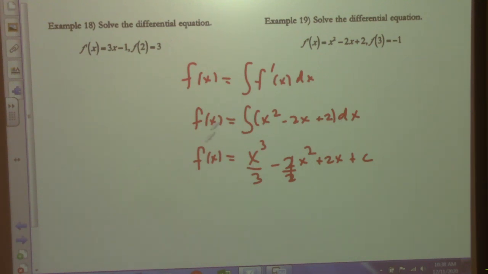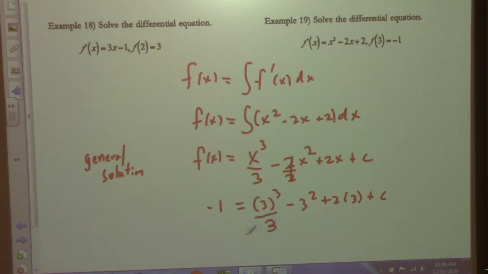Yeah, so Hannah's right about that. And what do we call this thing right here that we did? Called a general solution. And as Hannah rightly says, if we plug in, f of 3 is -1, so -1 is going to be equal to 3 cubed over 3 minus 3 squared plus 2 times 3 plus c.